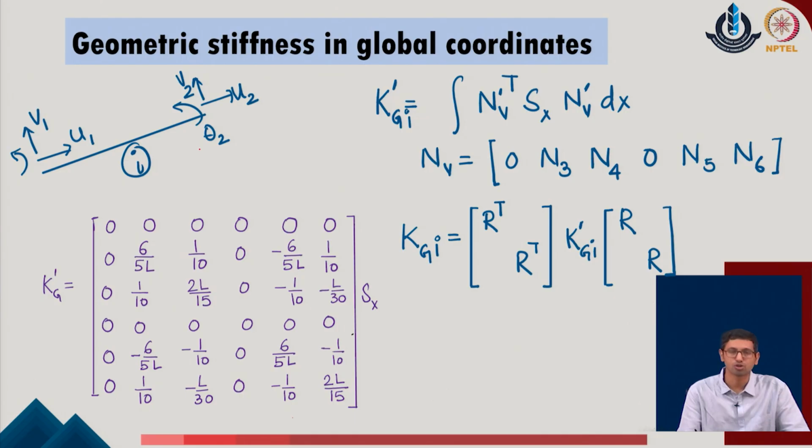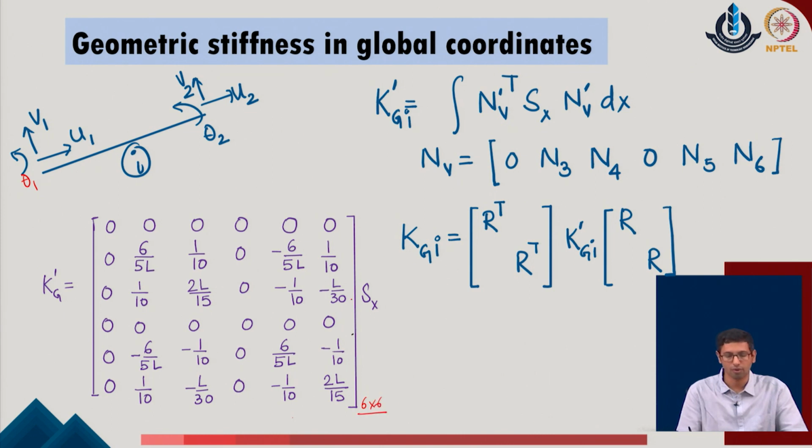Now, how do we obtain the geometrical stiffness? If you recall the discussion from the beam member, for any member I we define these degrees of freedom, say u1 v1 theta 1, u2 v2 theta 2, and we get this 6x6 stiffness matrix of the given system.